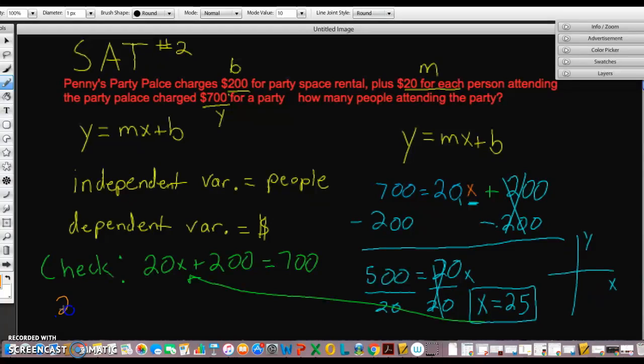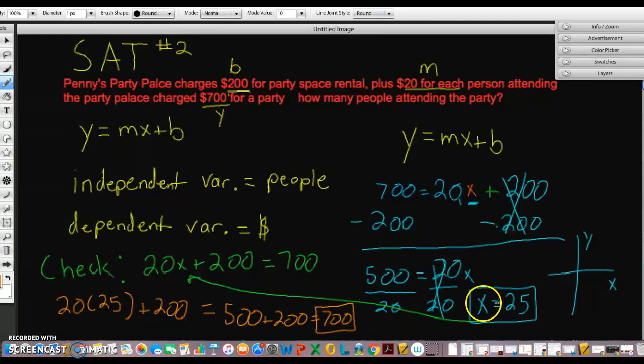It's going to be 20 times 25 plus 200. If you put that in a calculator, 20 times 25 is 500, plus 200 equals 700. And this means our answer here is correct.